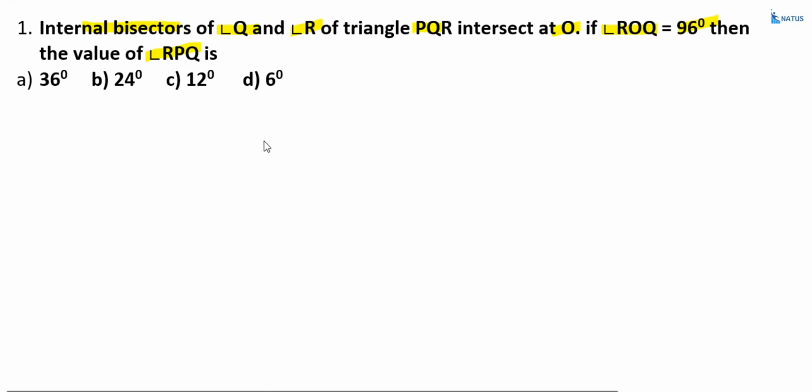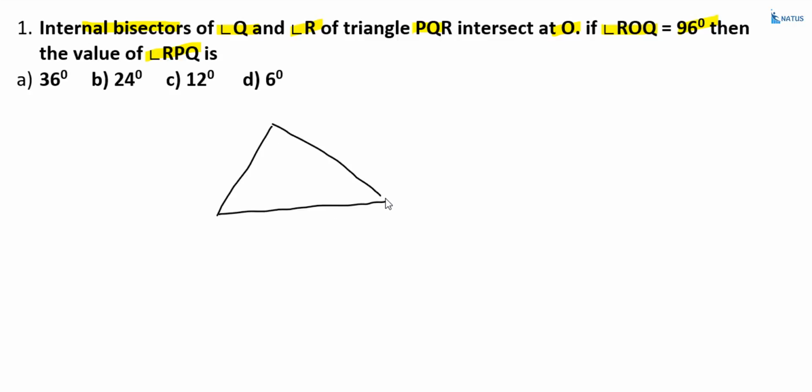Suppose one triangle is like this, with names P, Q, R. The internal bisectors are nothing but angular bisectors of angle Q and R, and they meet at O. Angle ROQ is equal to 96 degrees.